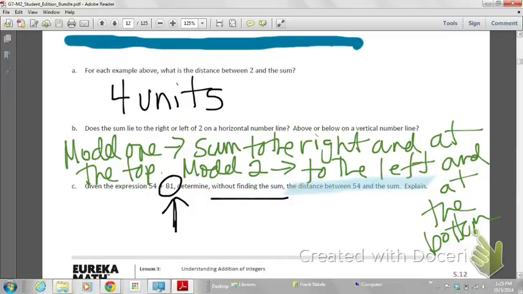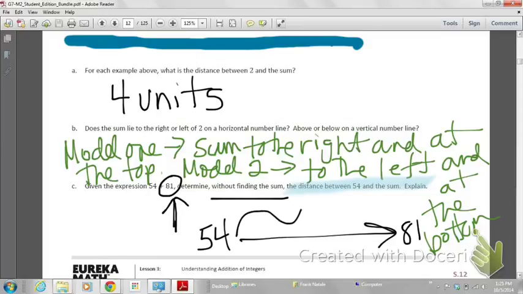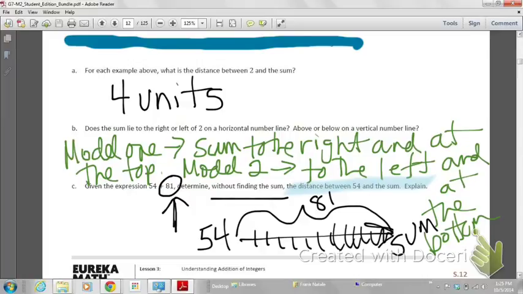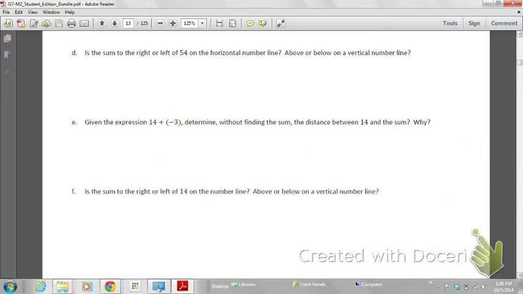Between 54 and the final sum, that's all of this in between. That's going to be a distance of 81 units, whatever those units are. So 81 is the answer to that question.